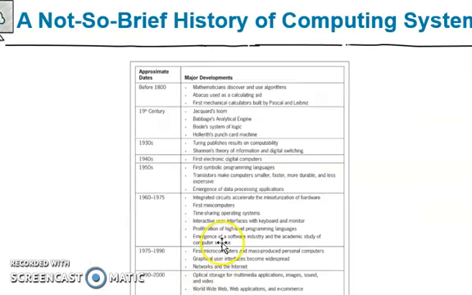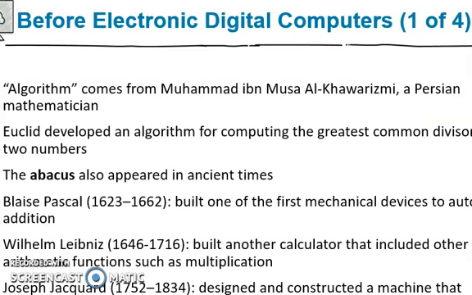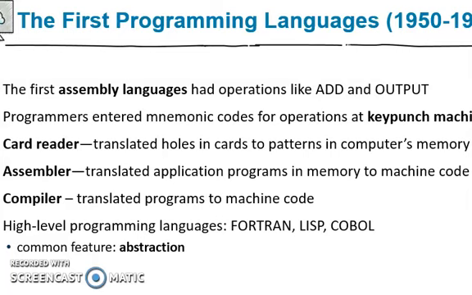You can go through the history of the computer. So what's an algorithm? Let's talk about the abacus. Who's this guy, Blaise Pascal? William Leibniz. We'll come back to that. So the first programming language was very close to machine language.